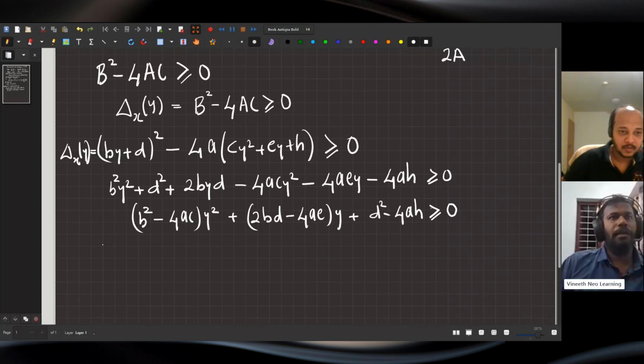First, let's assume that b squared minus 4ac is equal to 0. Then we will study what kind of conic section is formed as a result. Then we will look at b squared minus 4ac less than 0, then b squared minus 4ac greater than 0. In each of these situations, we get different types of conic sections.